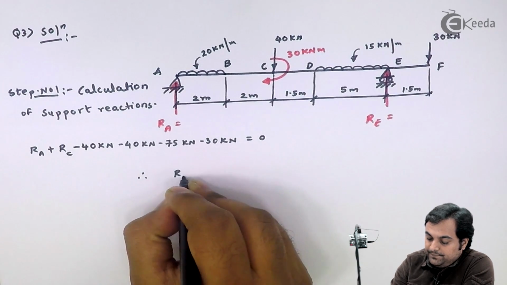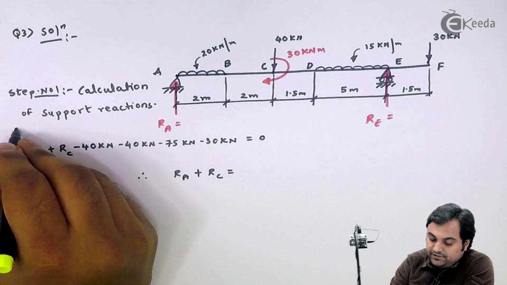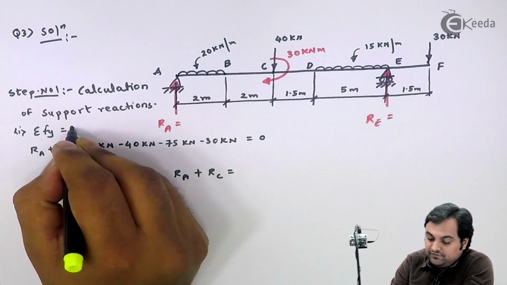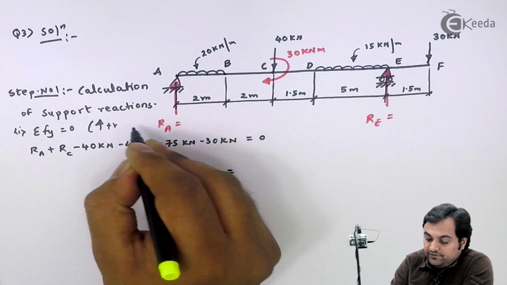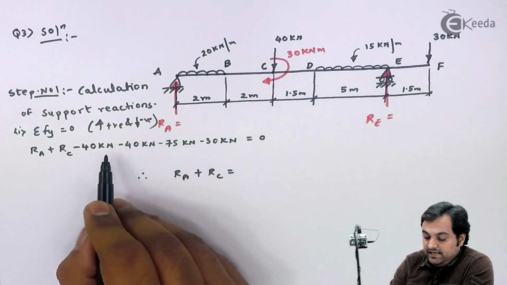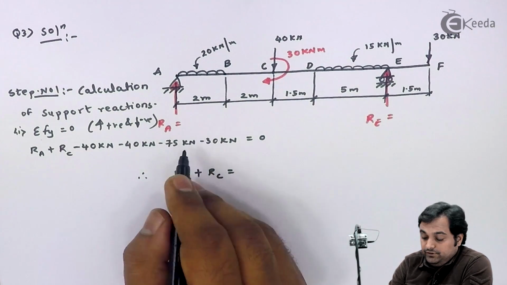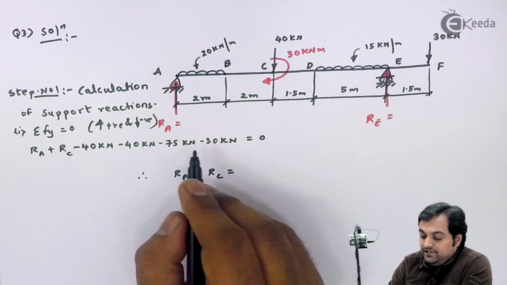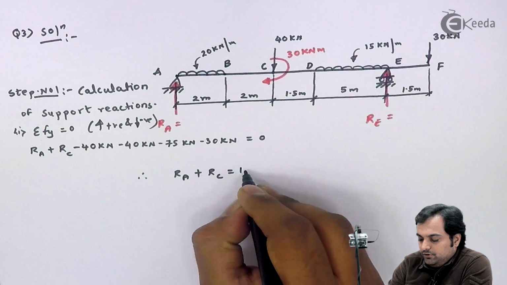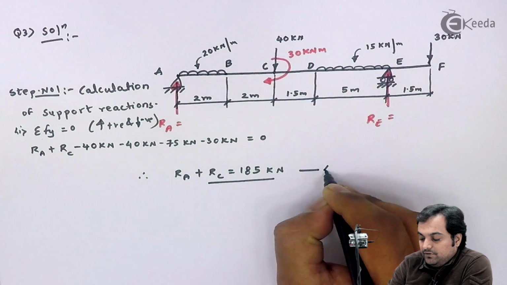This is my summation of Fy is equal to 0. Upward force is positive and downward force is negative. Here I have minus 40, minus 40, minus 75, that would be added, so it becomes 155, and if I add 30, that becomes minus 185. If I shift it onto the other side, it is plus 185 kilonewton. My equation number 1.